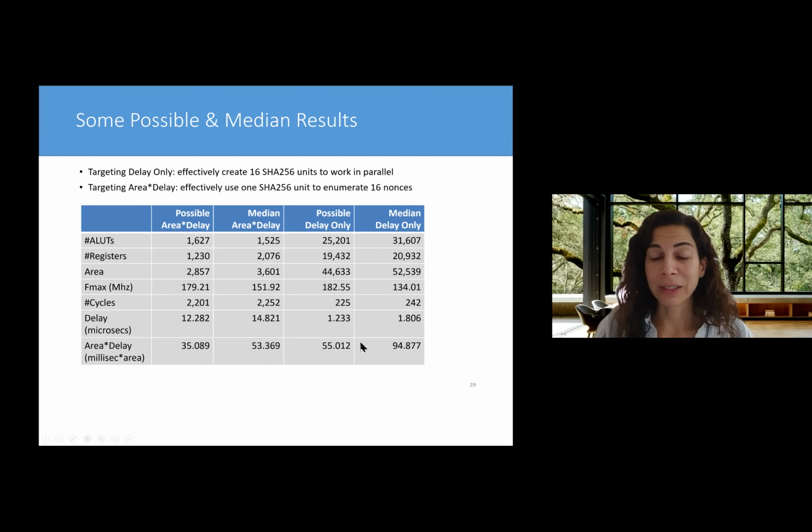The median of the class hasn't done all the possible optimization in the parallel case. So the median, for example, for the frequency is much lower than what is achievable, but still people have been able to get a good number of cycles.